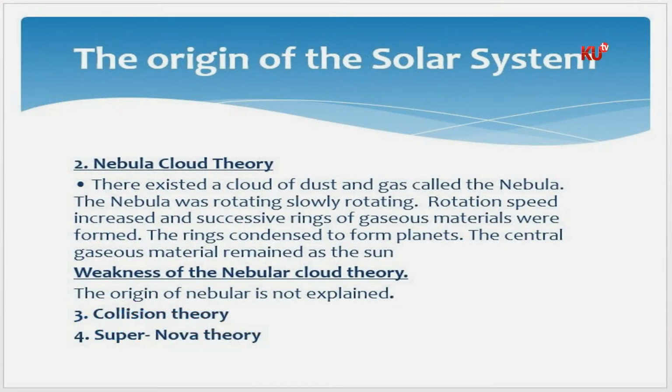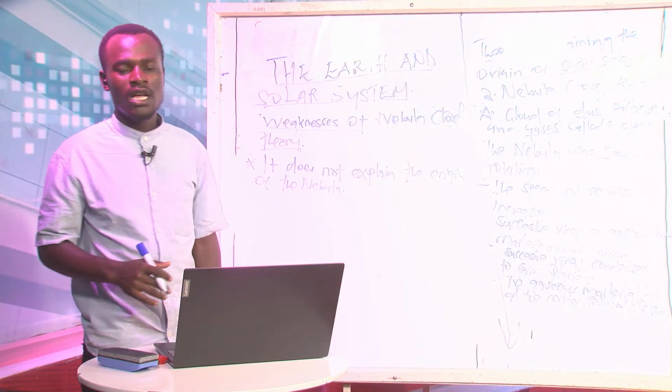It just states that there was a cloud made up of dust particles and gaseous materials. These dust particles together with the gaseous materials form the nebula. So it does not give a clear explanation of the existence of the nebula.